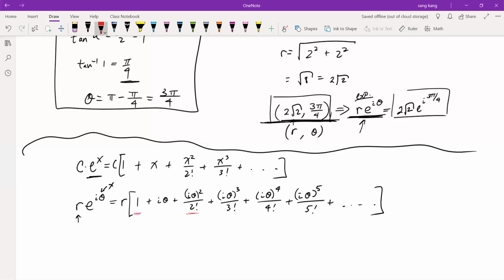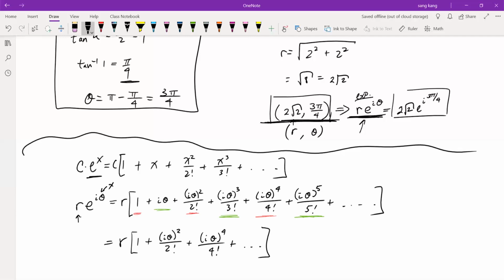All the ones in red, I'll group together, and all the ones in green, I'll group together. So the red ones first: 1 plus i theta squared over 2 factorial plus i theta to the fourth over 4 factorial plus dot, dot, dot.